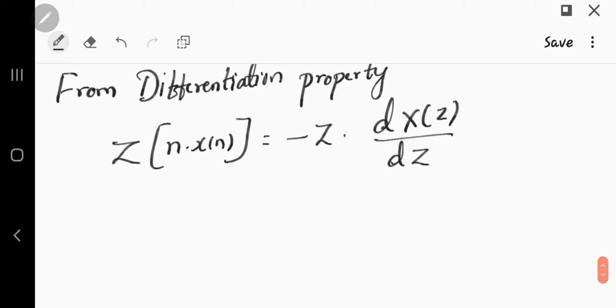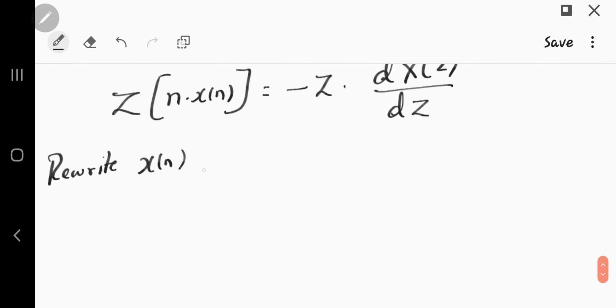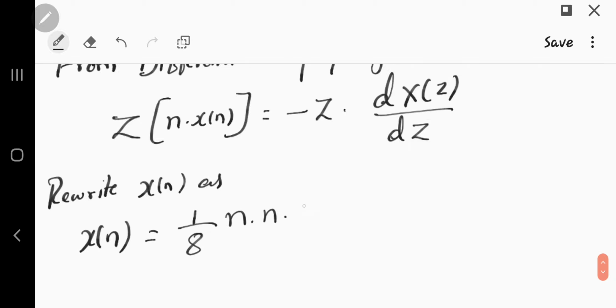To make that happen, I will rewrite x of n as 1 by 8 n into n 1 by 2 to the power of n minus 3 u of n minus 3.